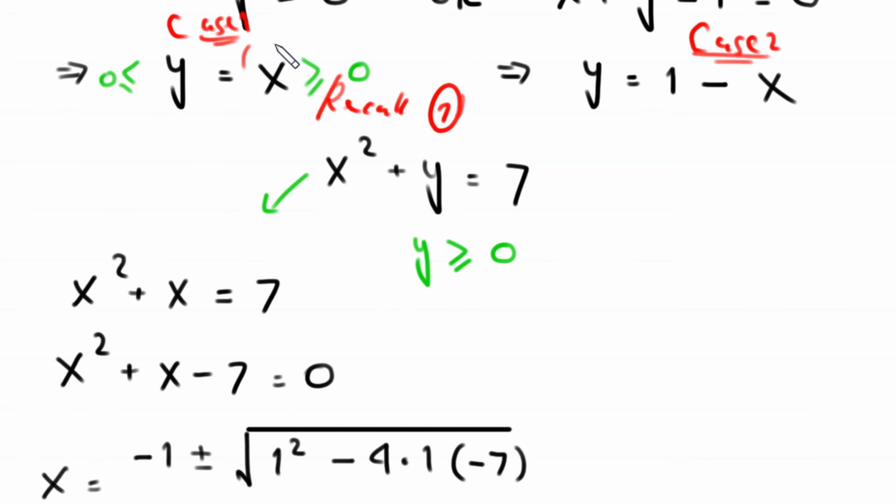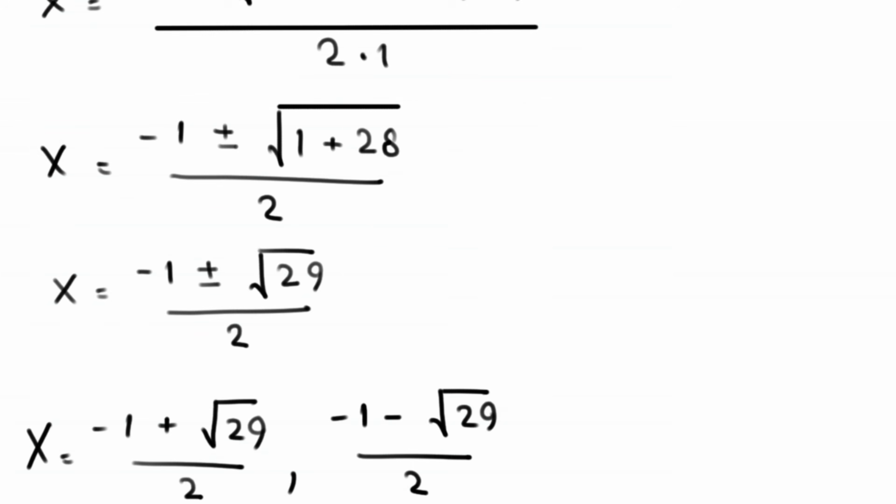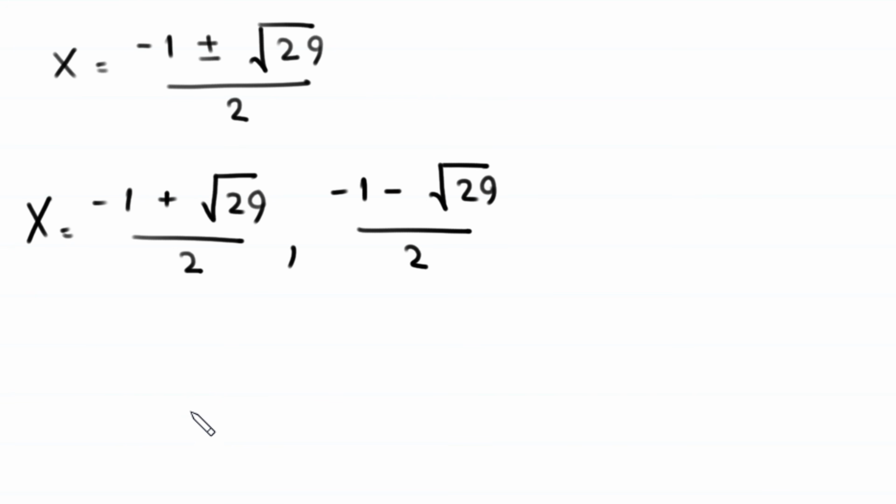Since x must be greater than or equal to 0, this negative 1 minus root 29 over 2 is less than 0, so this will be rejected.